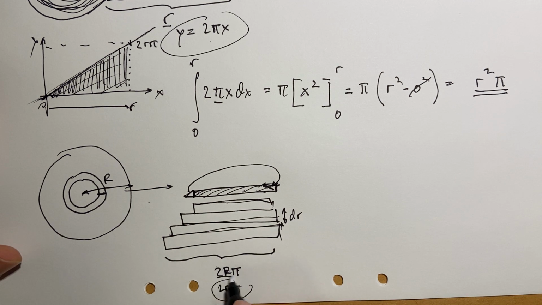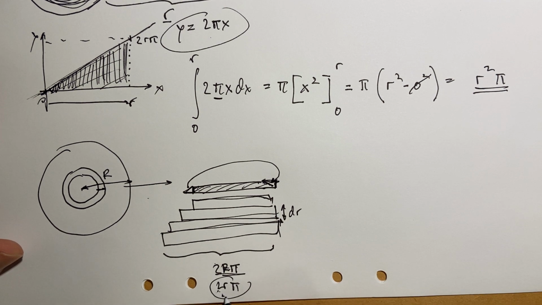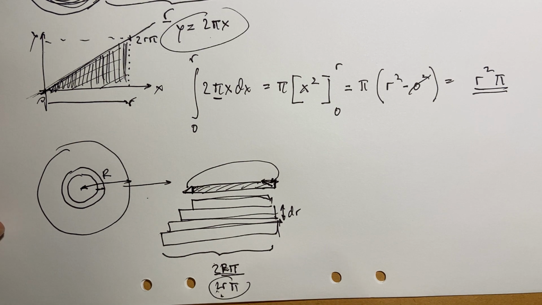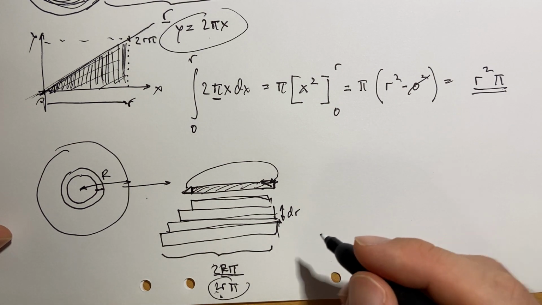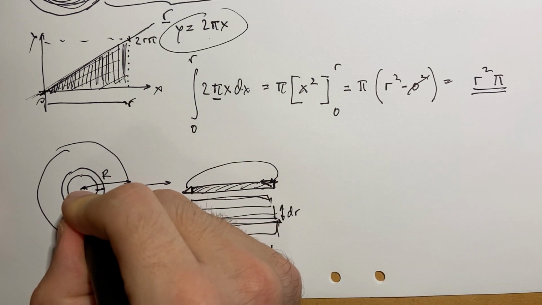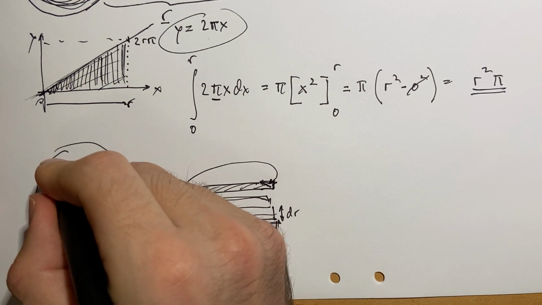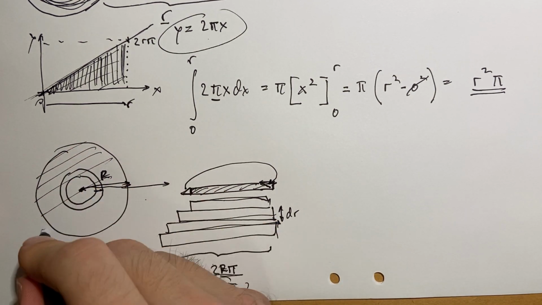So the longest would have a length of 2 big R pi, but an arbitrary one would have a length of 2 small r pi. What we want to do now is add up all of these rectangles from the center to R, because that would give us the area of the circle.